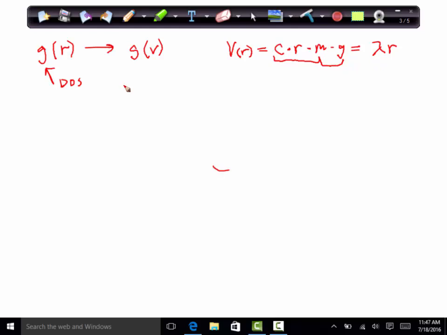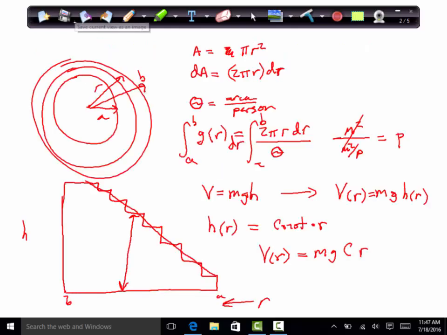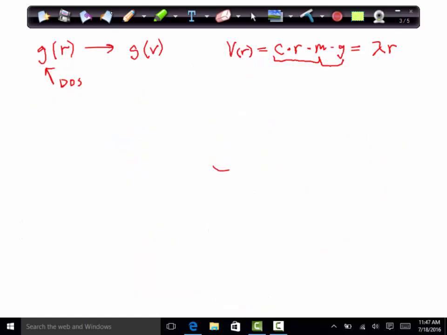Now our expression for g of r is 2 pi r dr over theta. So g of r equals 2 pi r over theta. So now we have lambda r equals v of r.